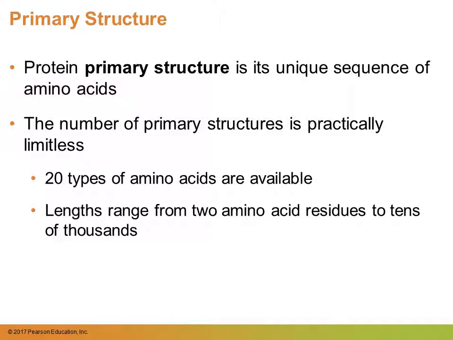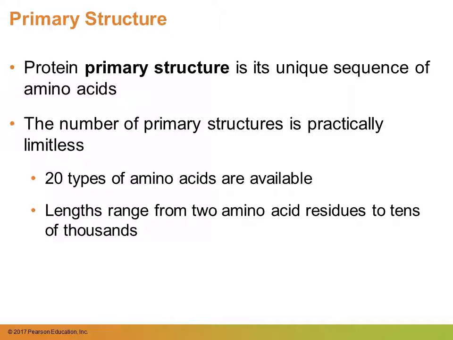The number of possible primary structures is practically limitless, and it's just like beading a necklace. You could have a whole bunch of beads, but you can put them in different orders and in different ways, and you could make a limitless number of different necklaces. The same thing applies for amino acids. The other way I look at it is that amino acids are like letters of the alphabet.